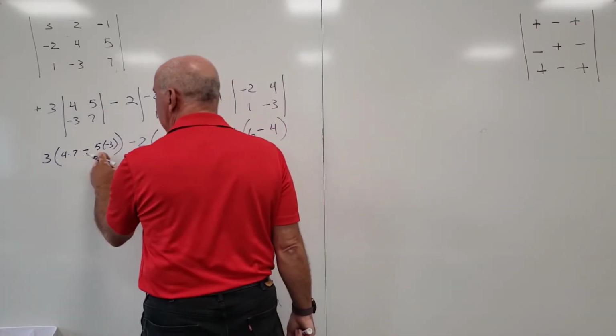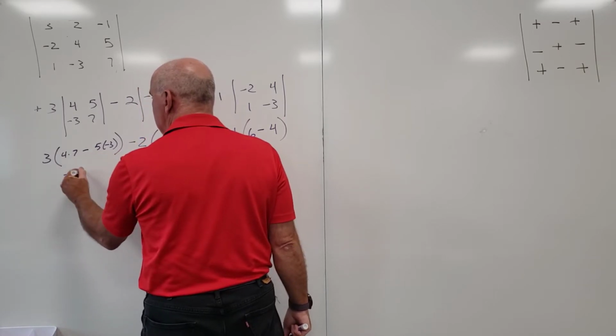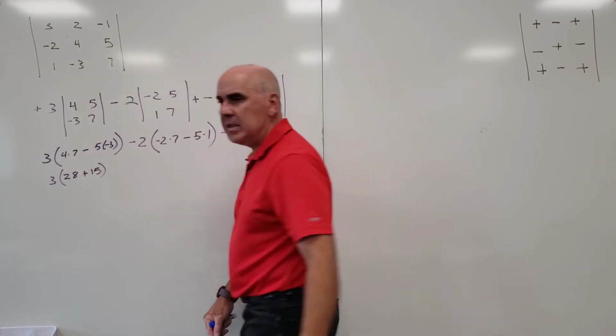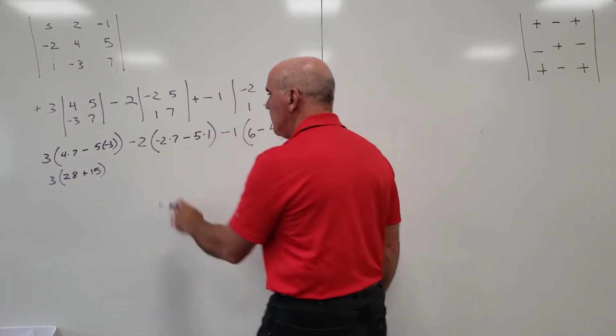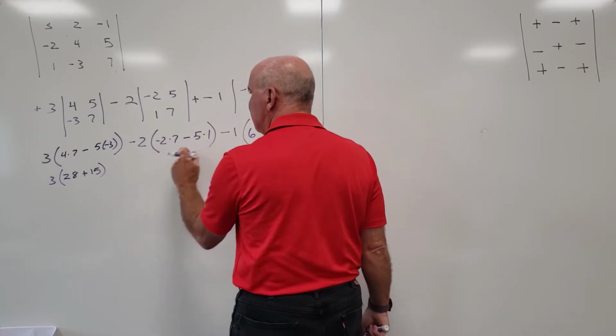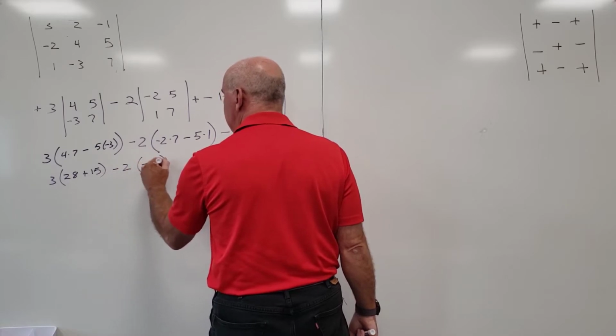What do I get here? I have 28, and minus a minus becomes plus 15, and then that 3 goes out front. -14 minus 5 is -19, so I have -2 times -19.